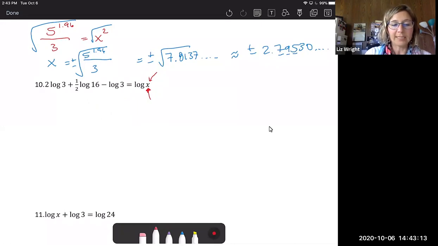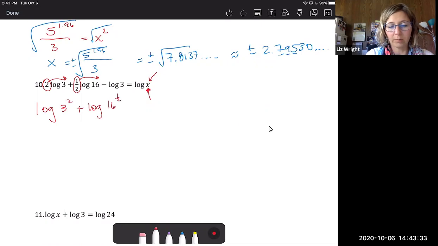So let's work on condensing the left-hand side. I'm just going to do a few things in this first step. I'm going to take this and move it up here, and I'm going to take this and move it up here. So I've got log of 3 squared plus log of 16 to the 1/2 power minus log of 3 equals log of x. Well, I'm going to go ahead and simplify some things.